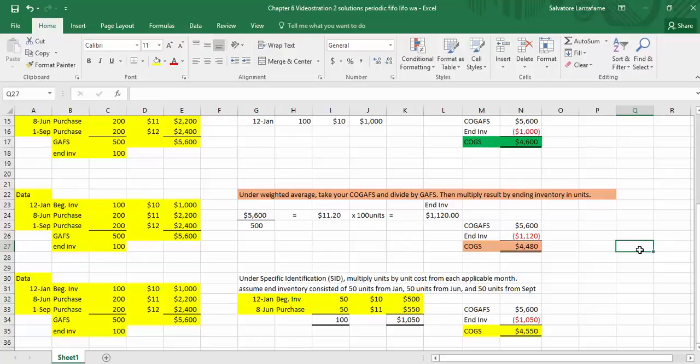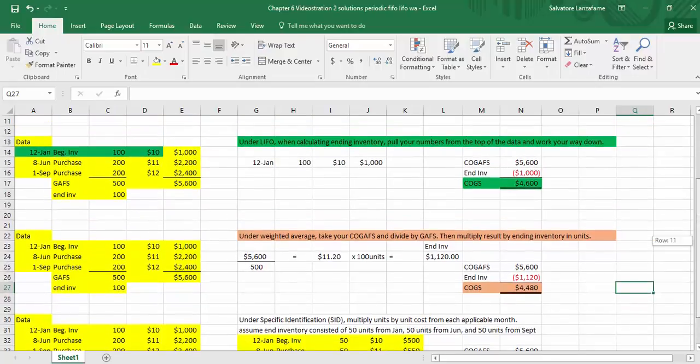The lower your gross profit, the lower your taxable income. And then you take your tax away, which obviously, if you show a lower taxable income, you're going to pay less tax. So of these four techniques, the one that makes you pay the least amount of taxes is your LIFO solution. Again, because we had rising prices, 10, 11, 12, prices went up, therefore LIFO is going to be the best. Okay, that's it.